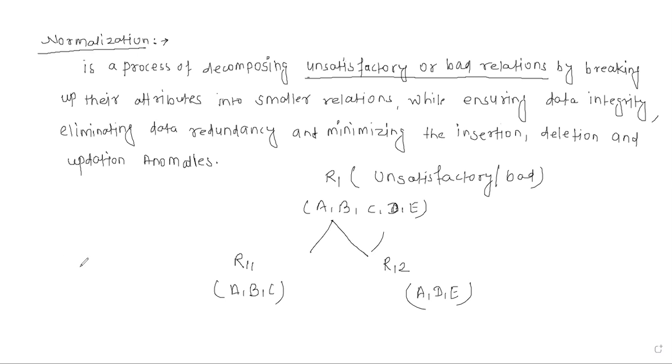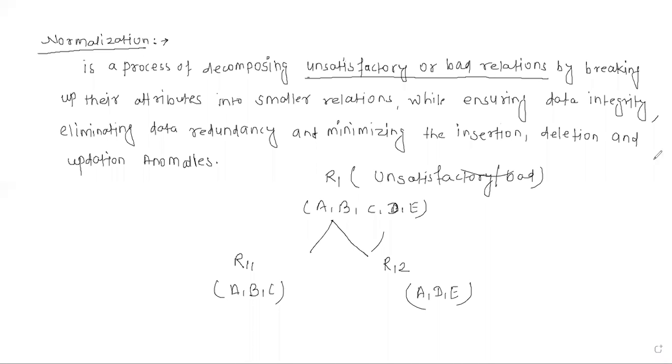Simple definition, it says it is a systematic process of reducing the redundancy. Simple definition is what? It is a systematic process of reducing the redundancy and avoiding the existing anomalies. Whenever we are talking about existing anomalies, you may have three types of anomalies. Anomalies is nothing but you consider it as a problem. Three kinds of problems can be there.